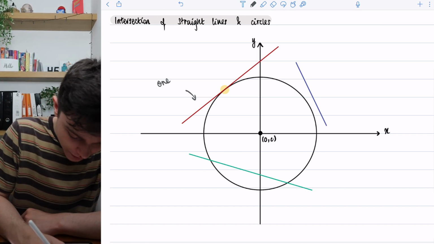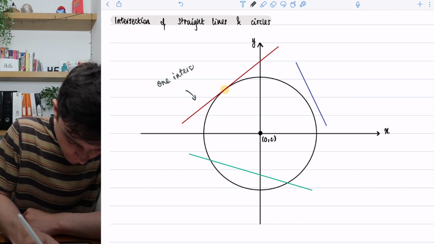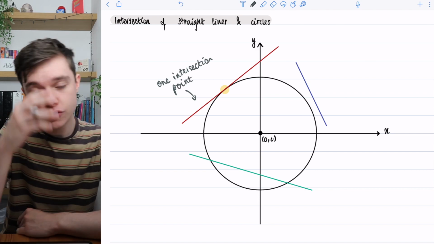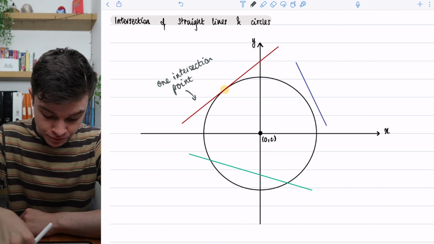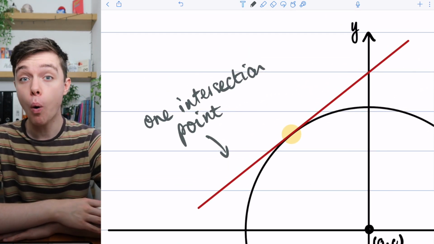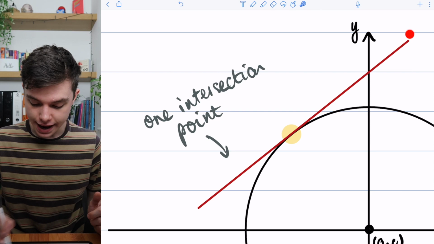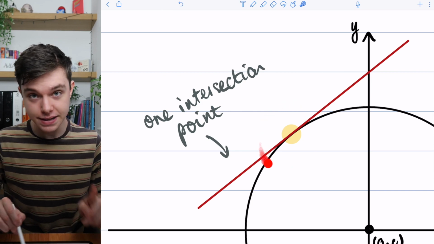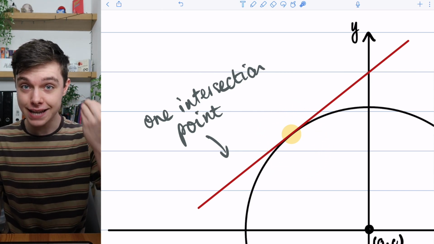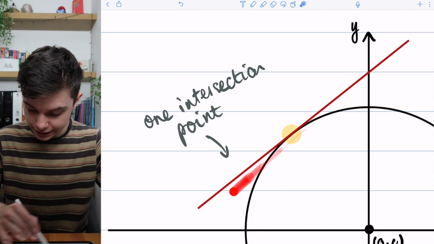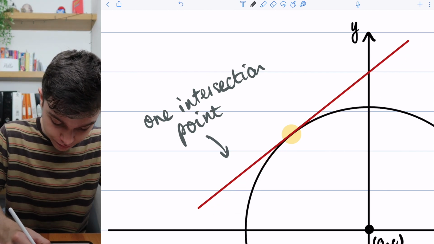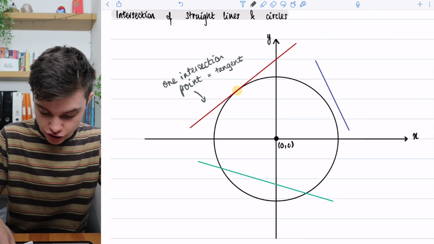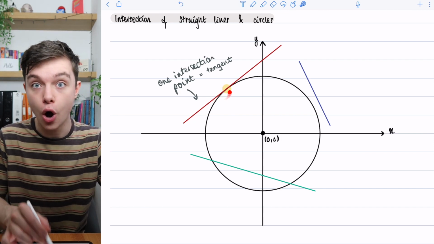At GCSE, if we've got a circle and a straight line with one intersection point, that is a tangent to the circle. So this red line is what we call a tangent, because it only intersects the circle once.